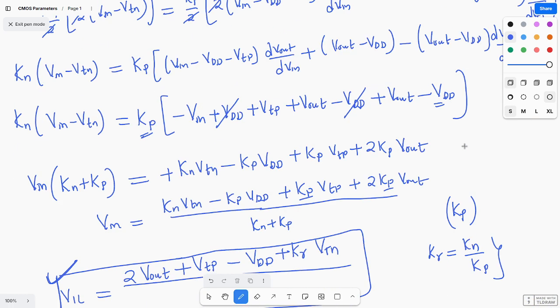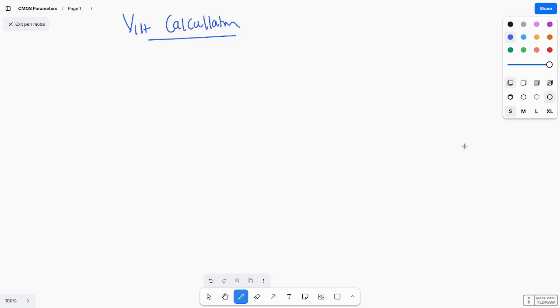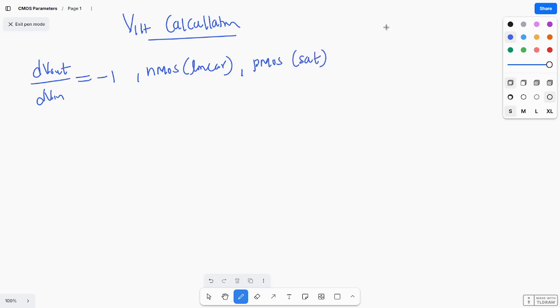So here you need to write dV out by dV in equal to minus 1. And NMOS will be in which region? NMOS will be in the linear region and PMOS will be in the saturation region.